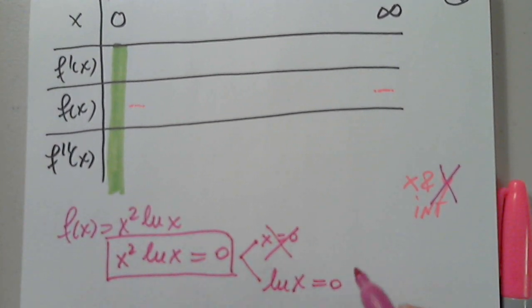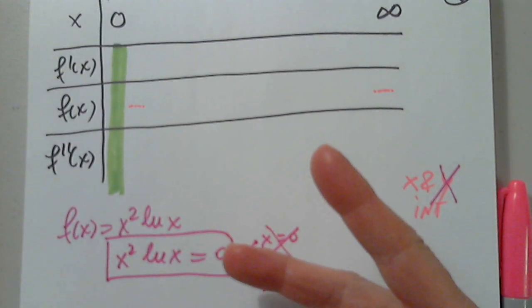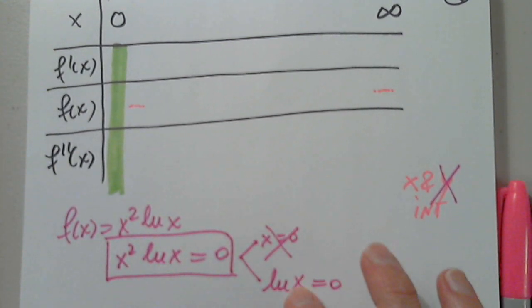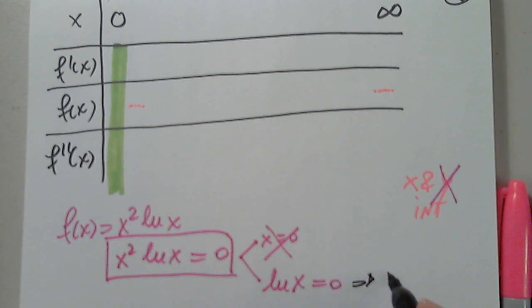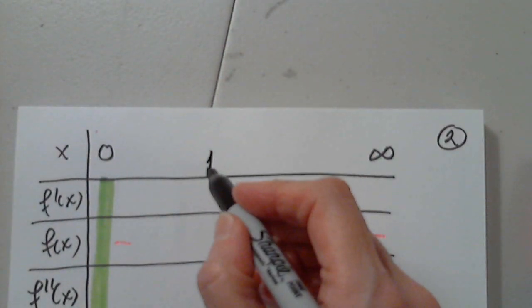Which x makes natural log 0? 1. Yes. E to 0 equals x, and e to 0 is 1. So 1 and 0.